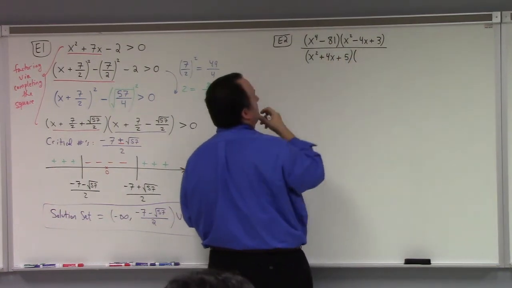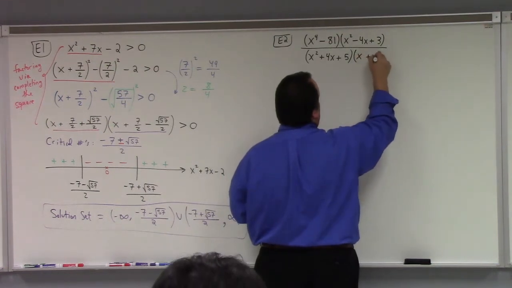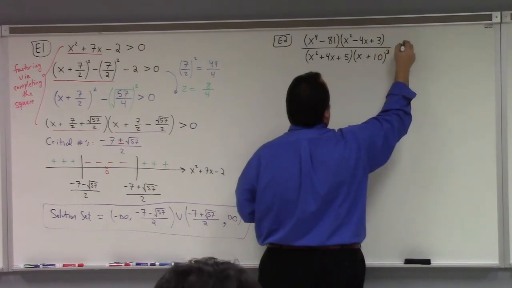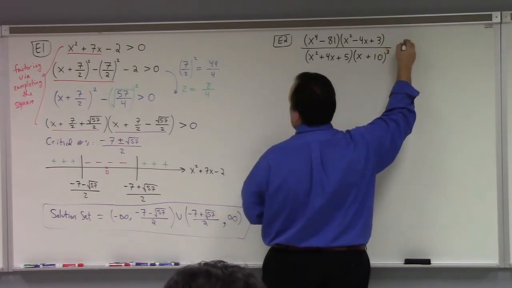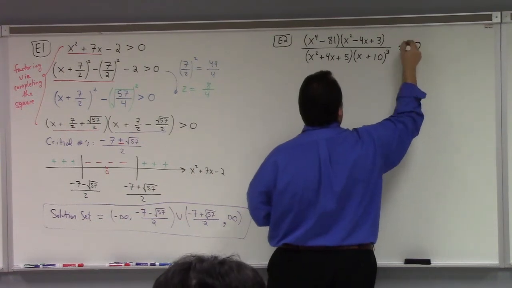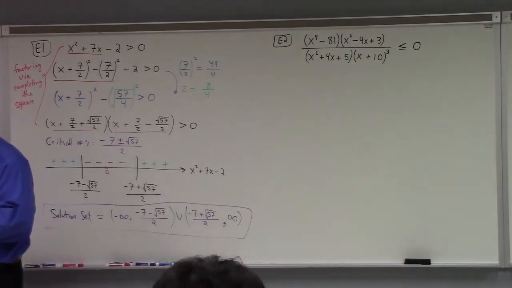And then, let's say x plus 10 to the 3rd power. And let's figure out where that is less than or equal to 0. Find the solution set to this thing.